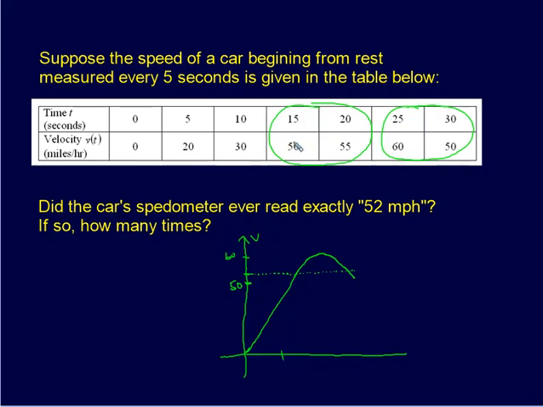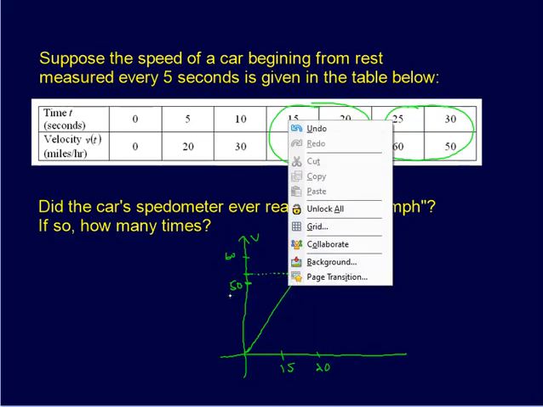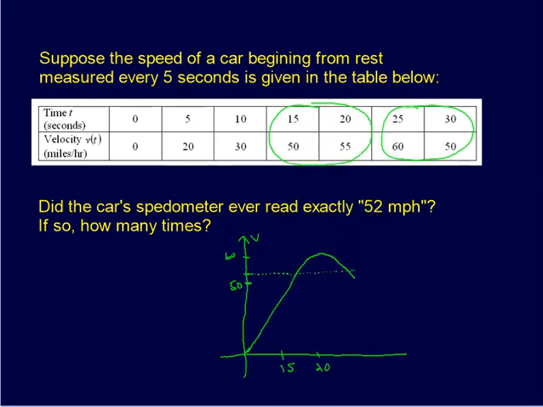Like in this one here, it was 15 to 20, so maybe between 15 seconds and 20 seconds, the speed went from 50 to 55. So we'll highlight maybe 50 miles an hour, and then 55. So if some part in there is 52, I had to have hit it.